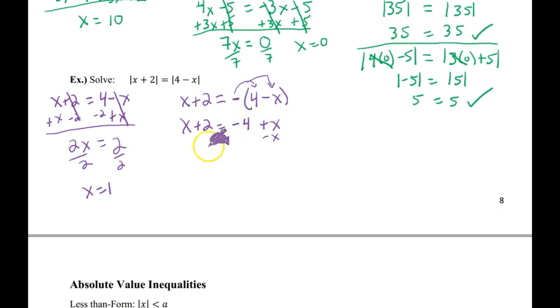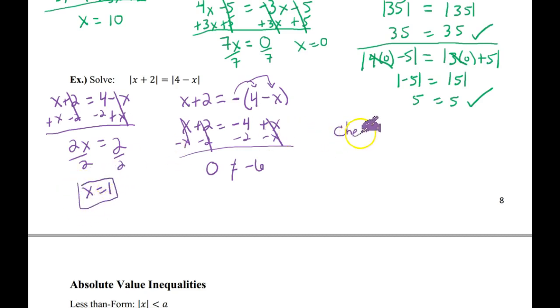I'm going to subtract x from both sides. If I move my x's over here, I'm going to move my constant over there. This is 0, this is 0. So wait a minute, that's all 0. Negative 4 minus 2 is negative 6. But x minus x is 0. Well, that can't happen. 0 doesn't equal negative 6. So this one only has one possible solution, and we still need to check it.